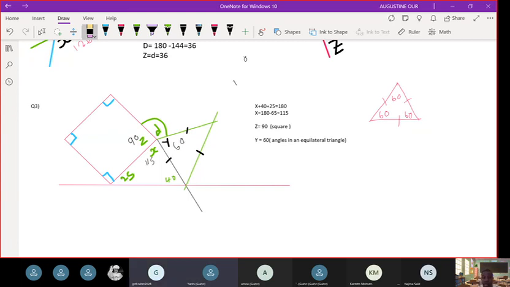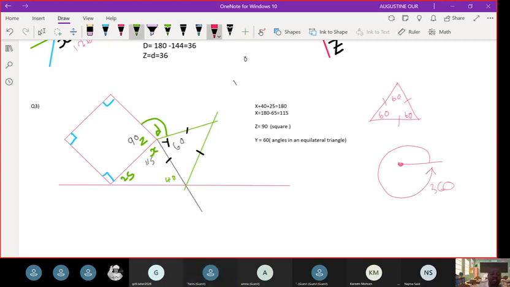So how can you find D? Z plus X plus Y? Is equal to what? 180? No, 360. Yes, angles around a point add up to 360. We did this in grade 7. If you have a point and you go around, you get 360.